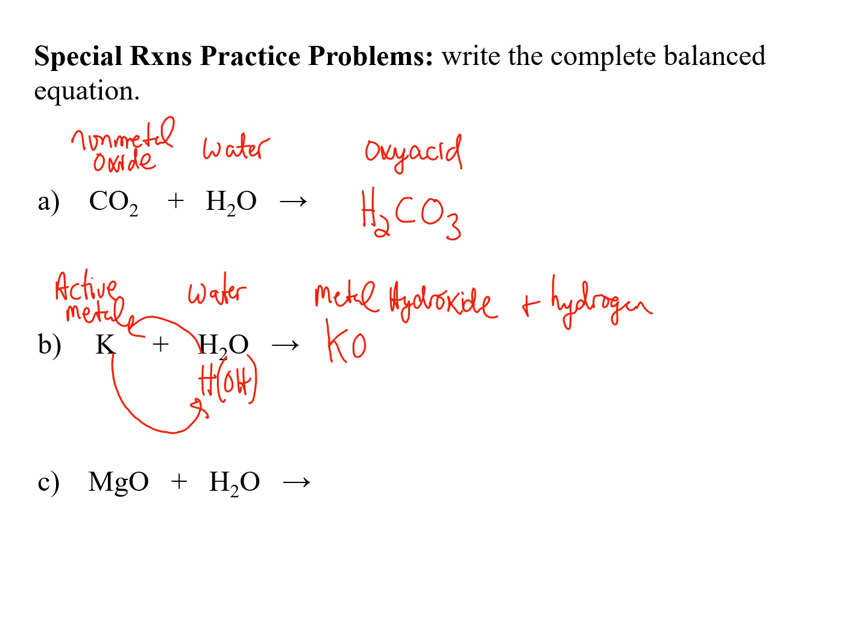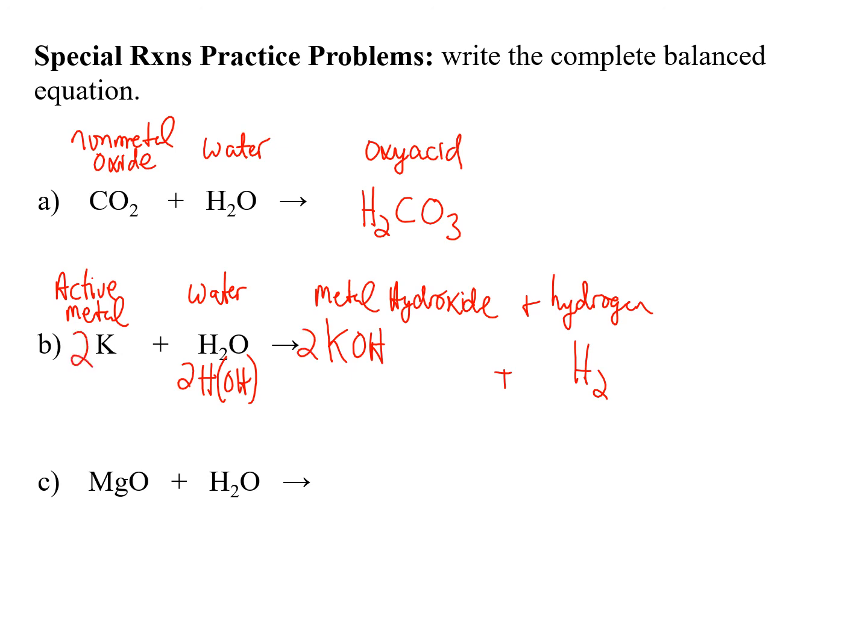So that's KOH plus H2. Now I can balance this. Let's do the hydrogens first. 2 hydrogens. We can fix our hydroxides, and then we fix the potassiums.